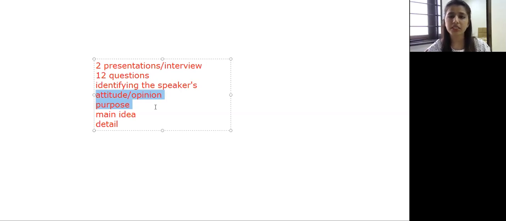Okay, so part C is more about identifying the speaker's viewpoint, and that is the reason why it becomes very important for you to be familiar with the kind of language you have in listening part C. The language used in listening parts A and B is comparatively easier because there you have day-to-day conversations.